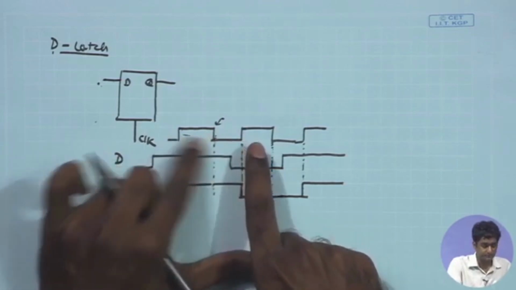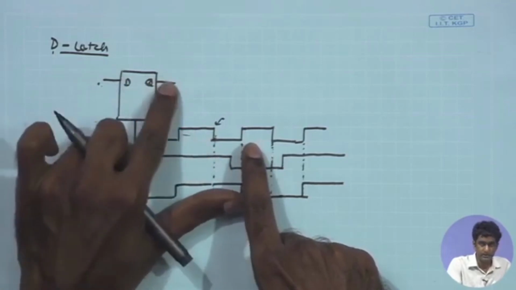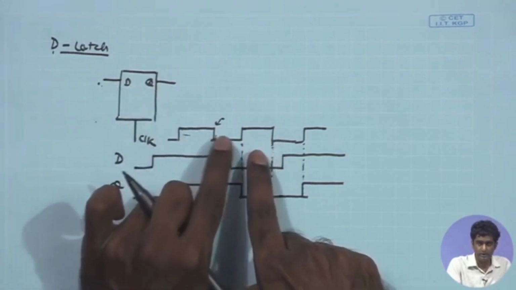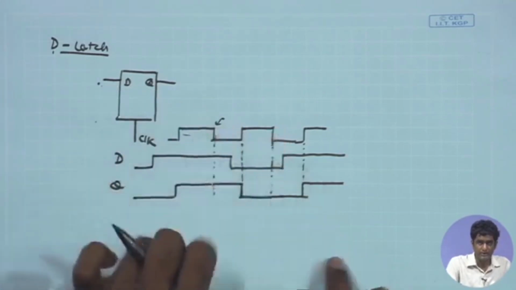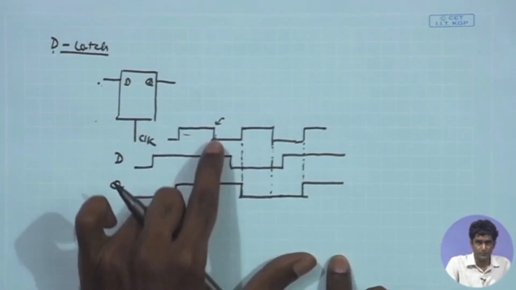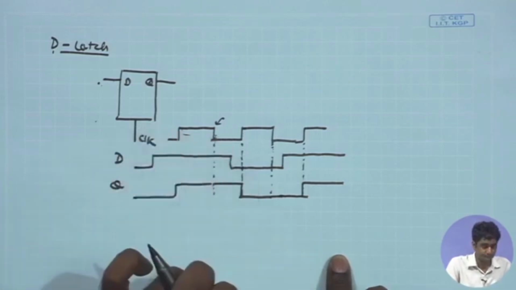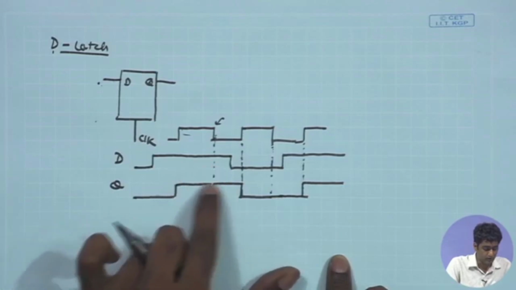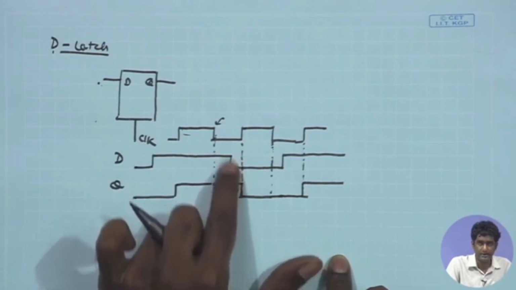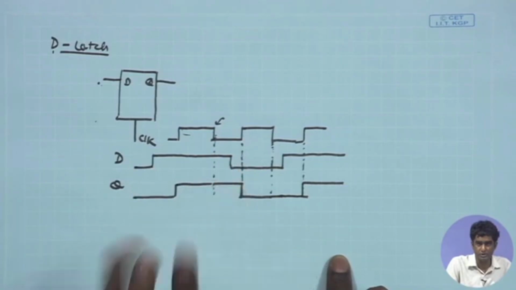During the high phase of the clock, it just copied the data directly, so it remained transparent, but when the clock went low, it latched on to the data that was available at that falling edge of the clock. For example, if this is the falling edge of the clock, whatever data was available before the falling edge is retained for that entire low phase. So even though the data is making a transition after the falling edge of the clock, the Q output of the latch is not changing.